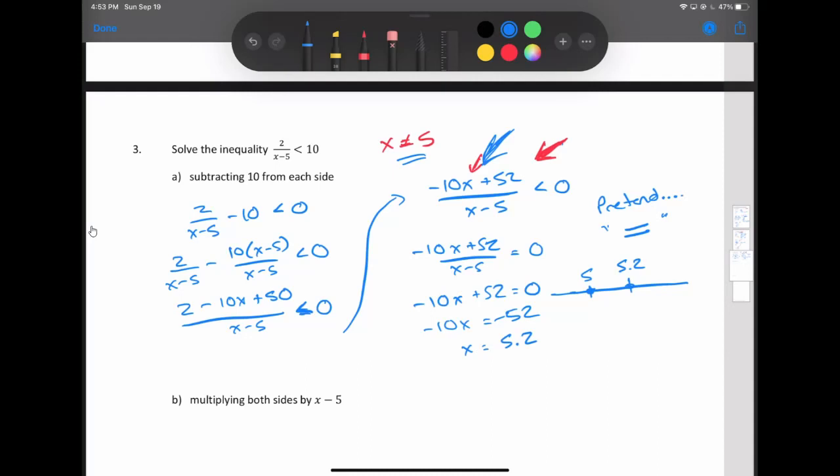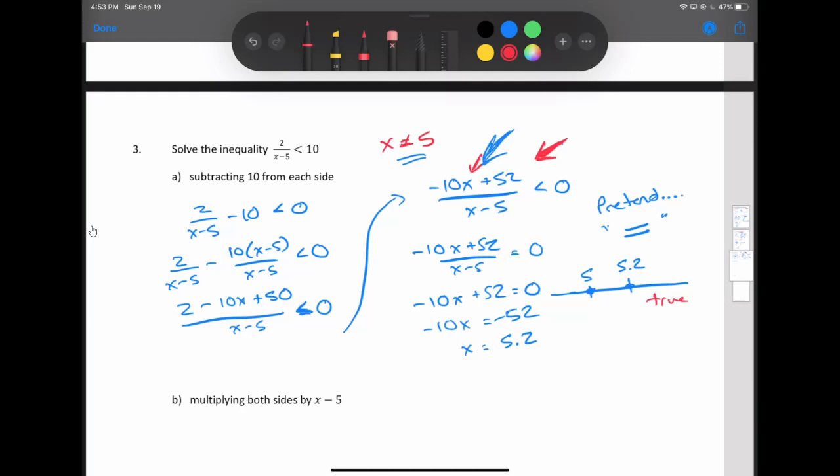Either way, it's a negative number, so it will be true. It will be less than 0. By the way, if you don't believe me, you can pick any number you want, like pick 10 and plug it in. If you pick 10, you're going to get negative 100 plus 52, and on the bottom, you get 10 minus 5, which is 5. So you get negative 9.6. Either way, negative something means it's less than 0. So that's going to work.